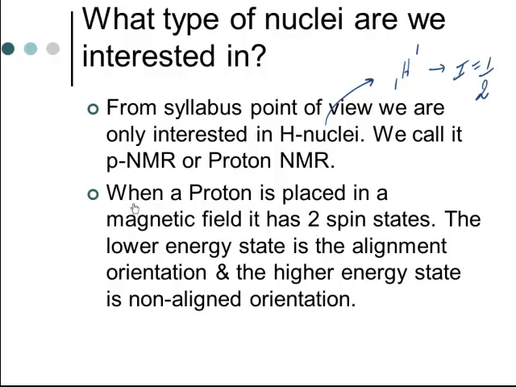Now, if a proton, that is a hydrogen nucleus, is placed in a magnetic field, it has 2 spin states. The lower one is called the alignment orientation, and the higher one is called the non-alignment orientation. So let's see the diagram for that.